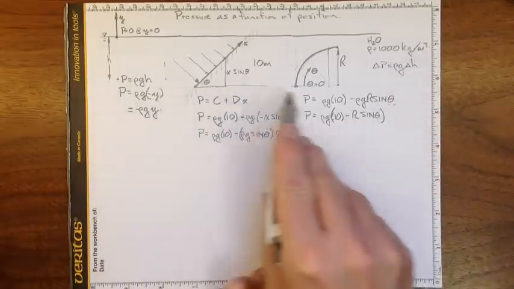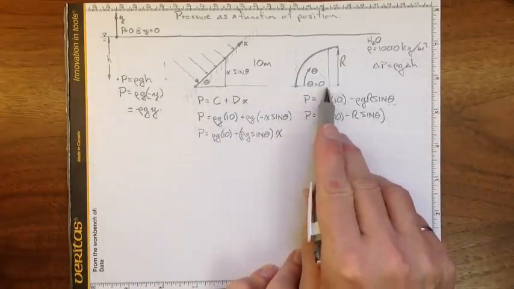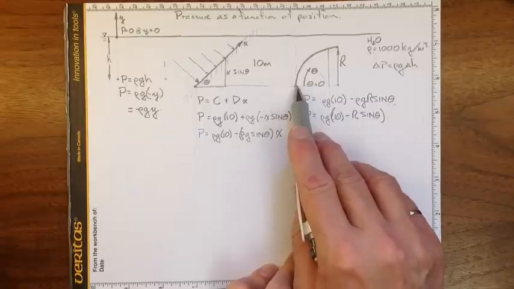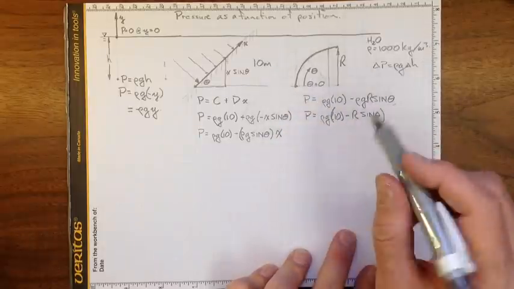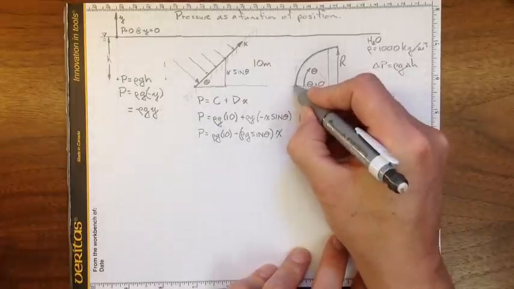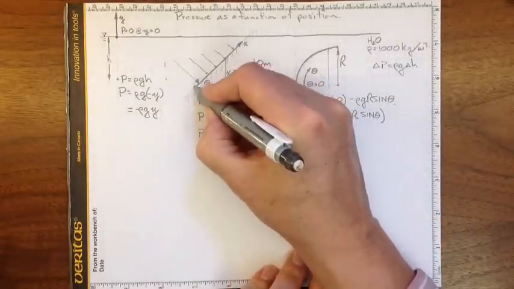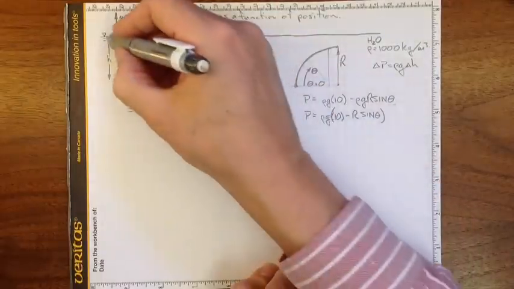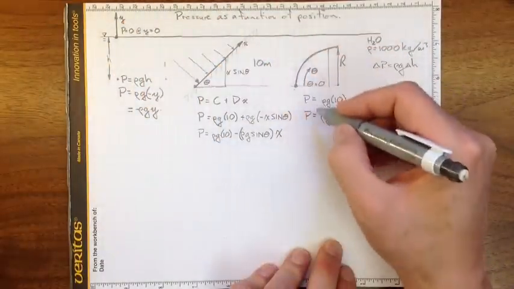So all of these are just exercises in geometric transformations. They're fairly straightforward, but you need to practice them a little bit. The main thing is establish an initial datum point where whatever coordinate system you're working with is at its 0 point, and that'll tell you what the constant is for the pressure.